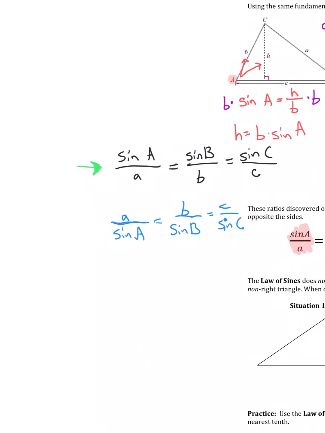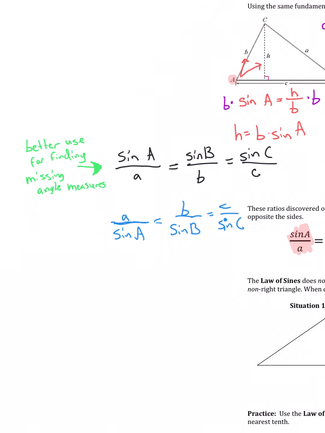So for the first one, sine of A over a, this is going to be a better use of the formula for finding missing angles, and I'll show you examples why. So finding missing angle measures, we'll say.